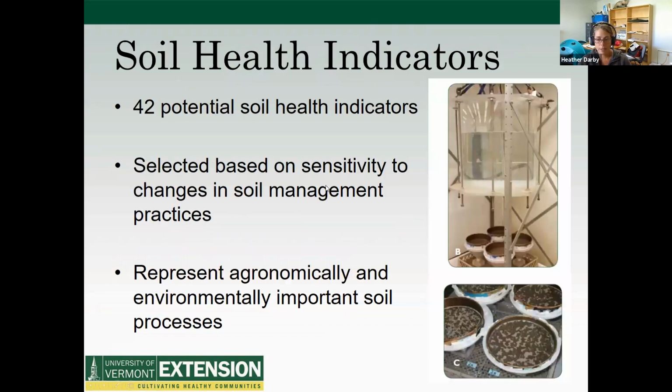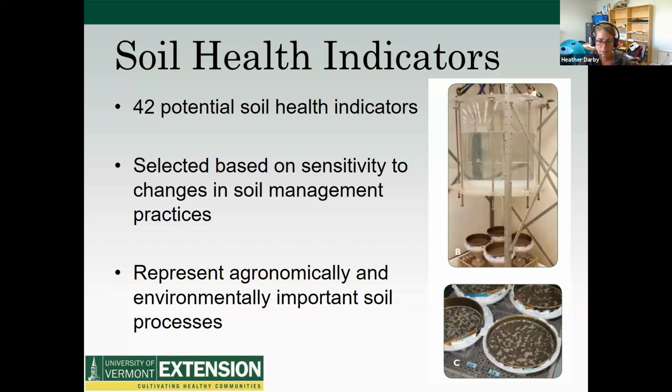So Cornell has done a ton of work to vet indicators. What indicators can they measure in the lab that are then going to translate into soil function in the field? They've evaluated at this point about 42, that's a pretty exact number, and I'm sure they're looking at more potential soil health indicators.